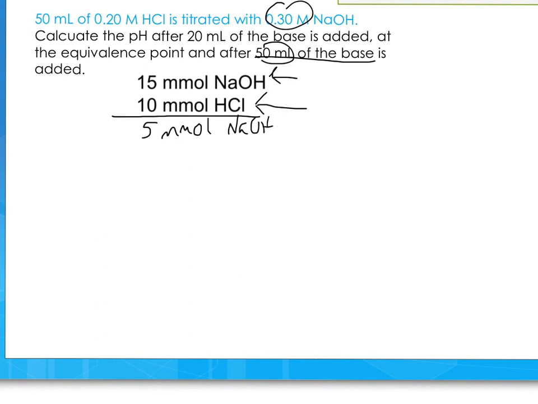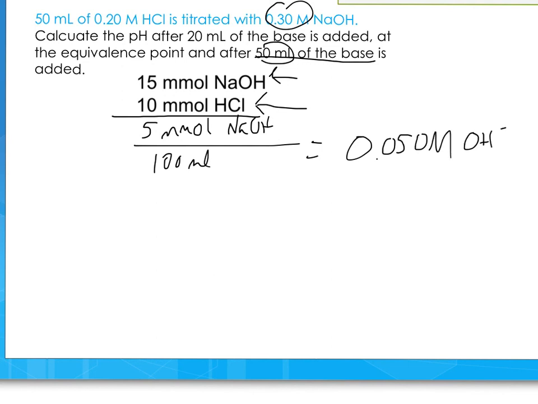If we want to know the pH, we've got to take that 5 millimoles of NaOH, divide that by the total volume, which is 100 milliliters, and that should give us a concentration of 0.050 molar, and that's molar OH ions.